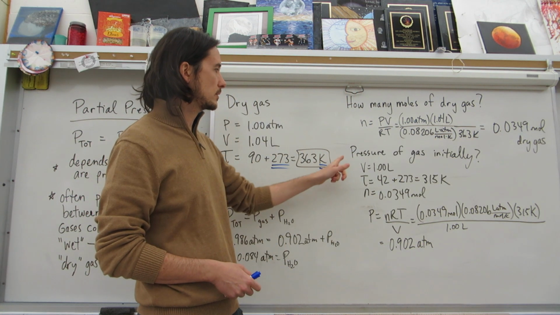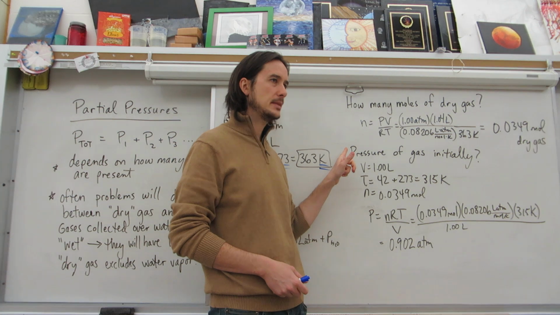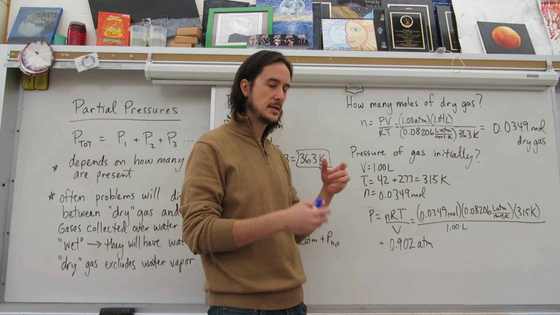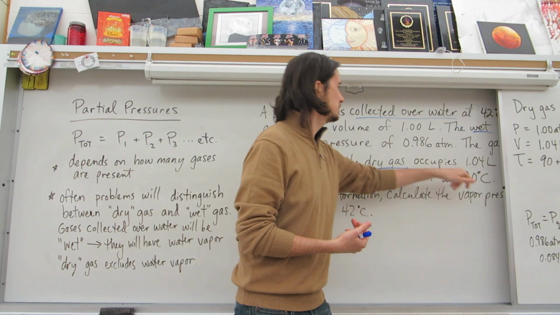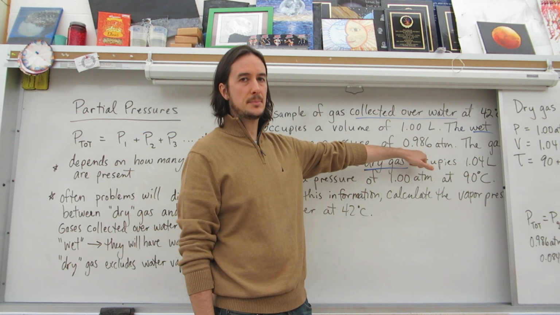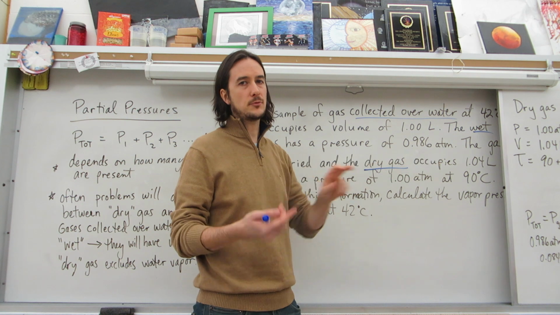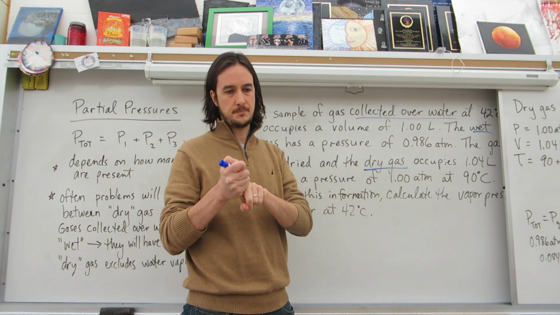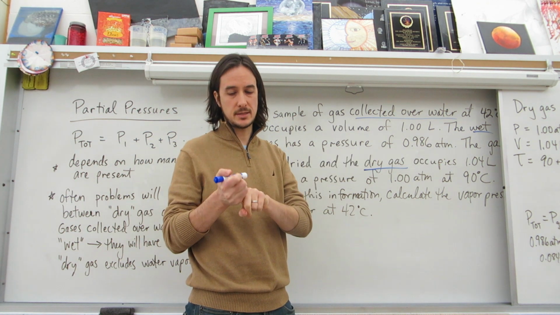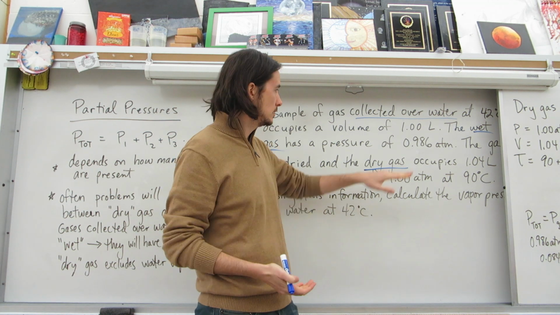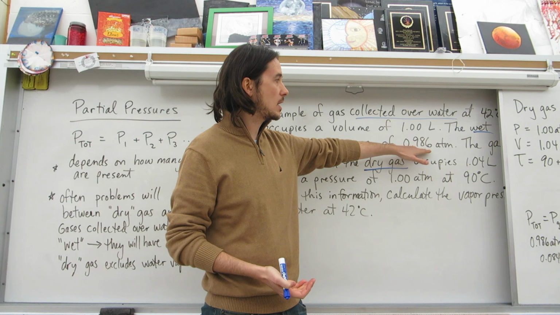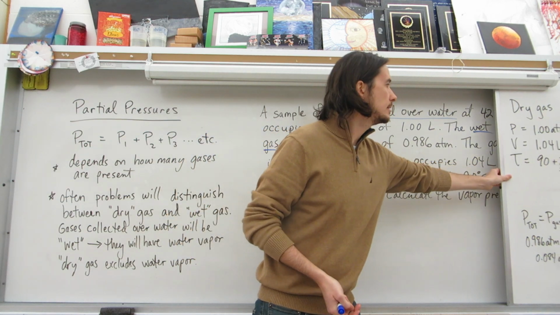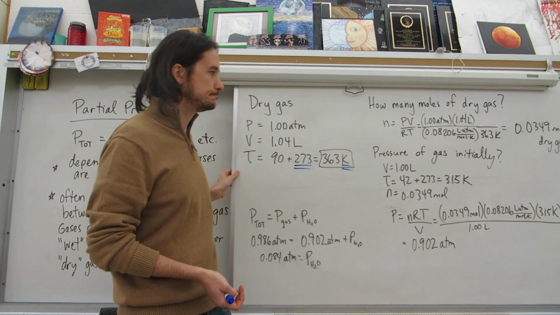And then, okay, well, what was the pressure initially of that gas? The initial pressure they told us was 0.986 atmospheres. That pressure came from 2 gases. It came from that dry gas, whatever that is, and it came from the water. So if I can figure out what the dry gas contributed to that, I can answer the question.